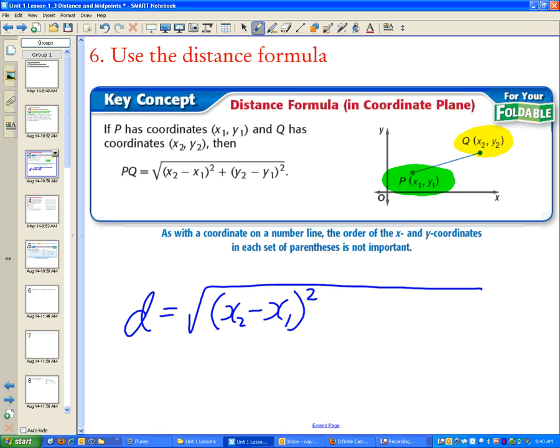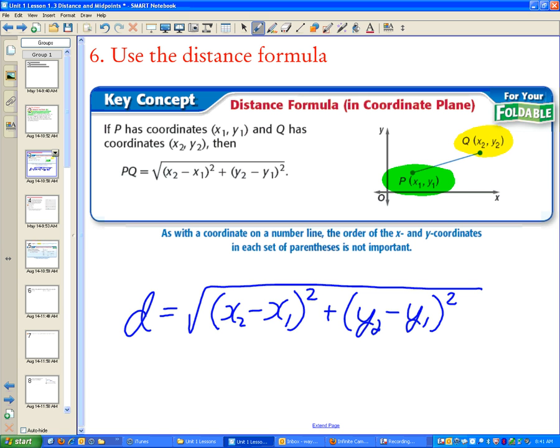Close your parentheses and square that quantity, plus, open a new parentheses, y2, that's the y-coordinate from the second point, minus y1, that's the y-coordinate from the first point. Close the quantity, squared.